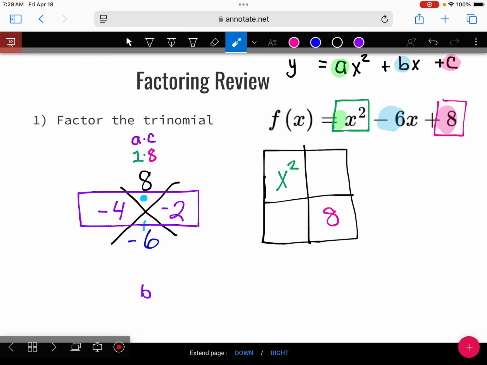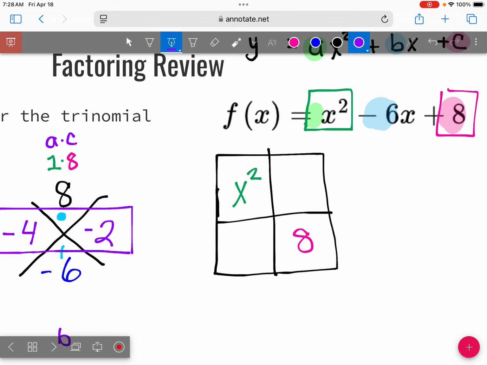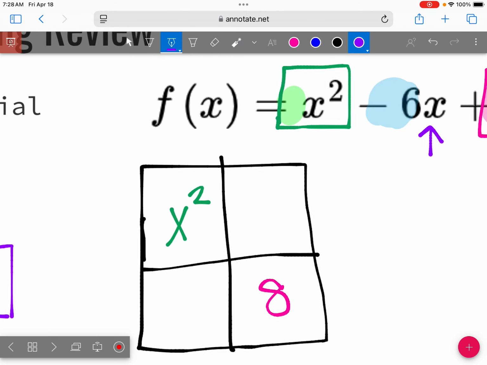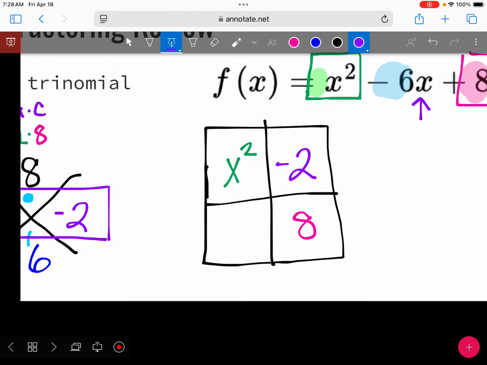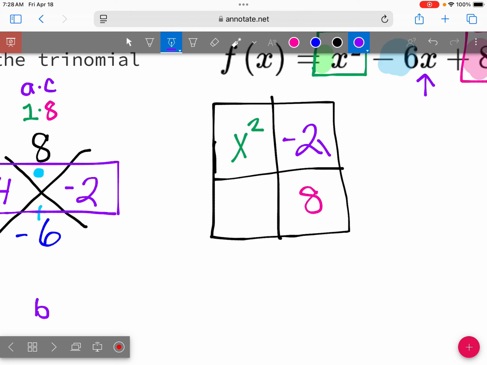The 8 and the 6 are tools for us to use. The -4 and the -2 are the pieces we're looking for. And they get whatever this middle letter is. So sometimes if we have a problem that has a's or b's instead of x's, it gets whatever that middle term is.